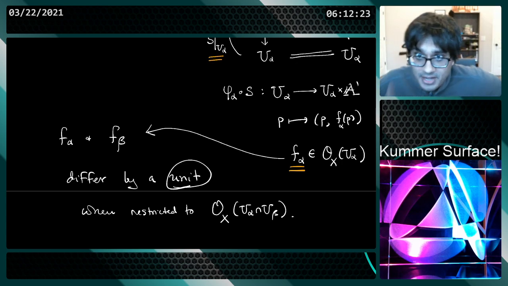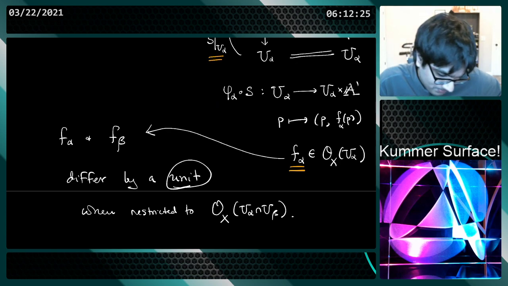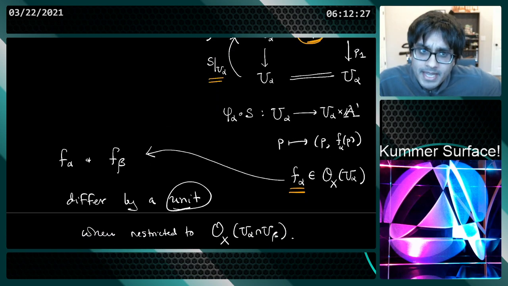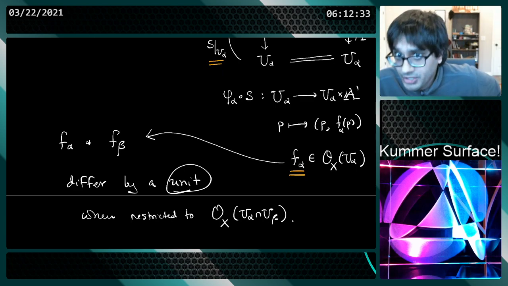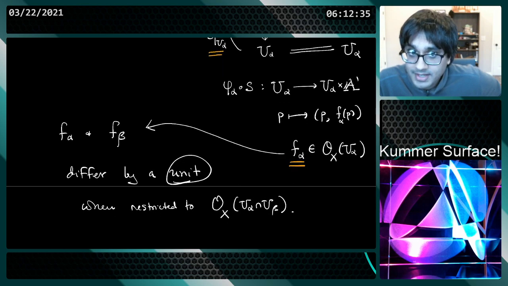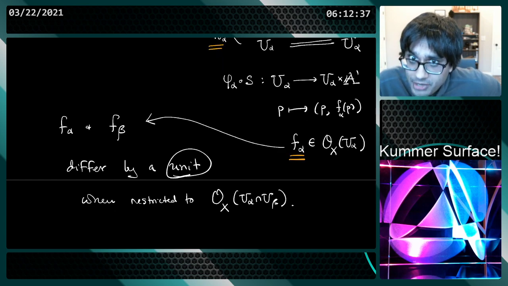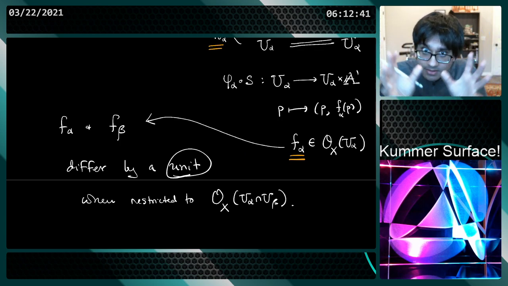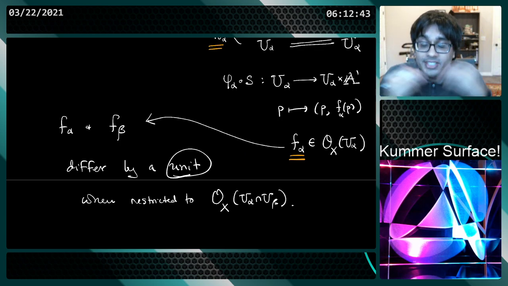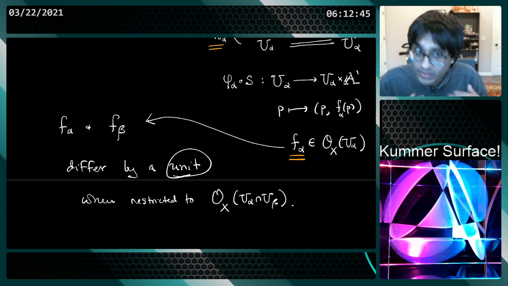All right, so now pay attention to the following thing. If these two individual functions restrict, up to a unit, to the same one, then the principal ideal that they generate will restrict to the same principal ideal on the overlap.